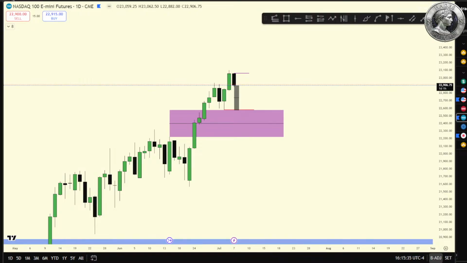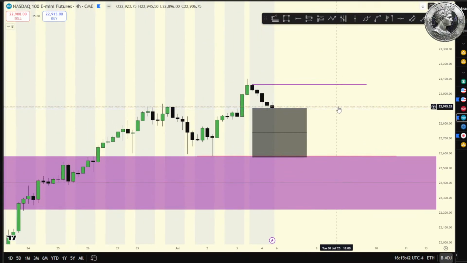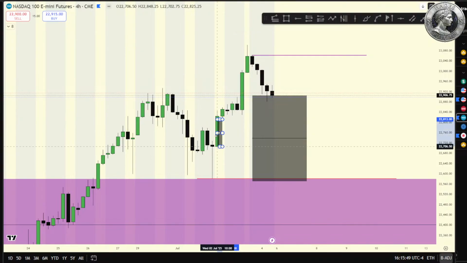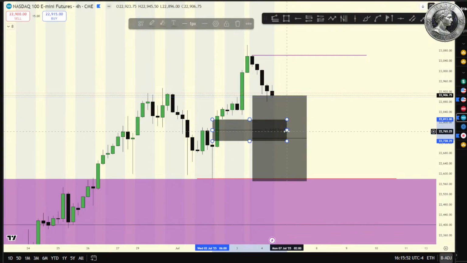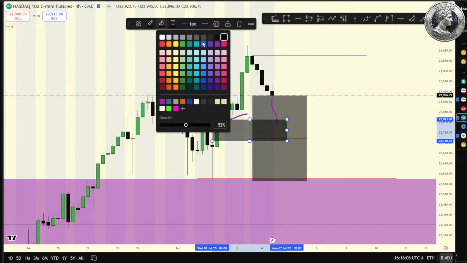But I cannot really see. Well, the only thing that may happen is basically we are just coming on these equal lows on top of this 4-hour gap, but we will see.